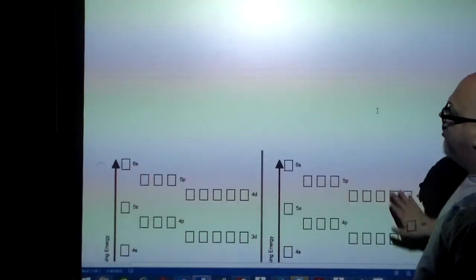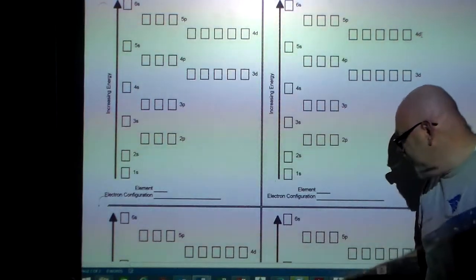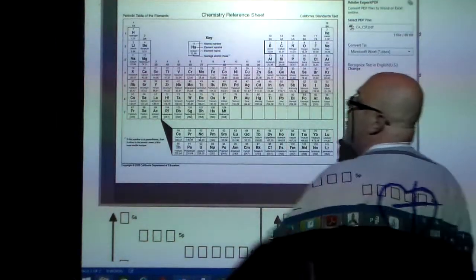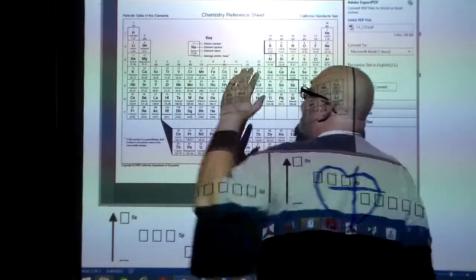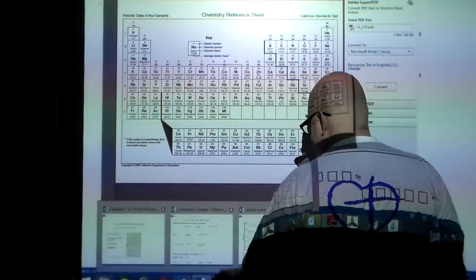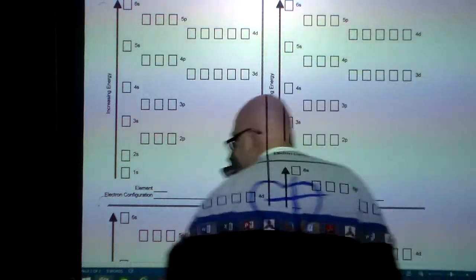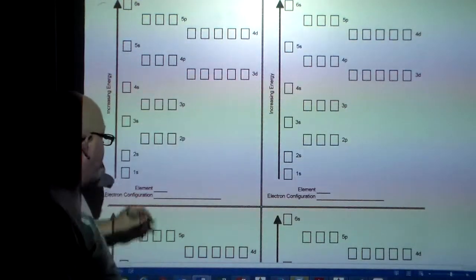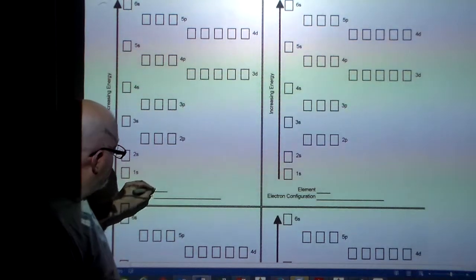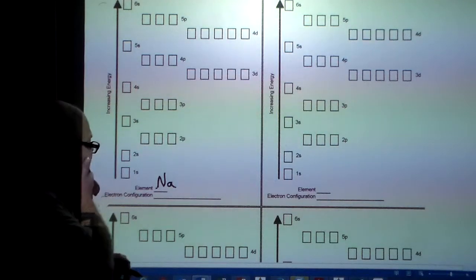All right, let's go and look at another one. Let's take a look at, hey, here's sodium, 11. Okay, let's do sodium, 11, shall we? All right. So, in this case, my element is sodium.